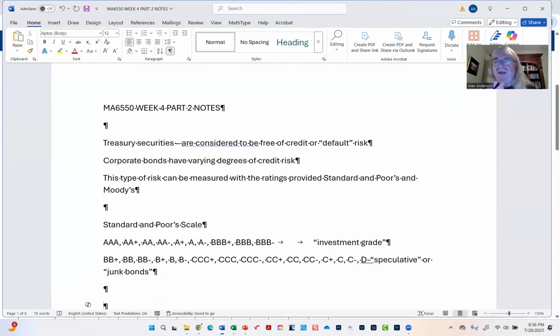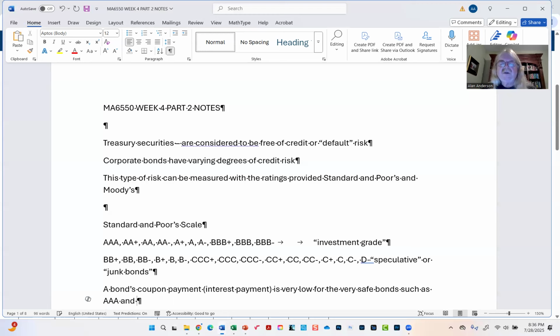Now, of course, you might ask yourself, well, why would you ever buy one of these risky bonds? Well, of course, the whole idea here is that a bond's coupon payment, or interest payment, is very low for the very safe bonds such as AAA, and it progressively increases as the credit quality decreases.